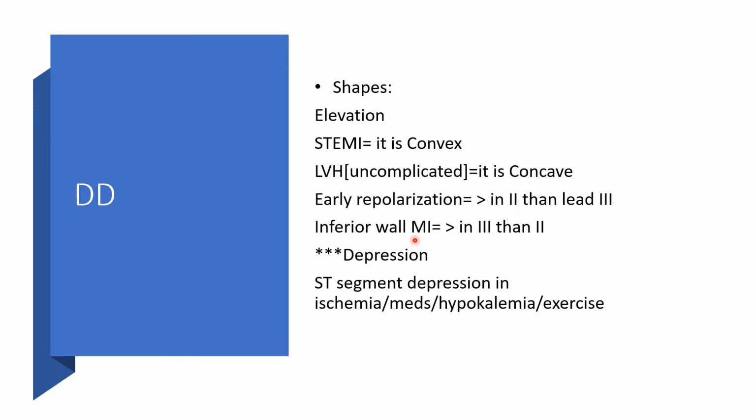In inferior wall myocardial infarction, it will be elevated more in lead 3 than lead 2. However, depression of ST segment is possible, though it's pointing to trouble with the heart muscle, but in this case, it's not infarction. It is pointing to myocardial ischemia or certain medications or hypokalemia or secondary to exertion.